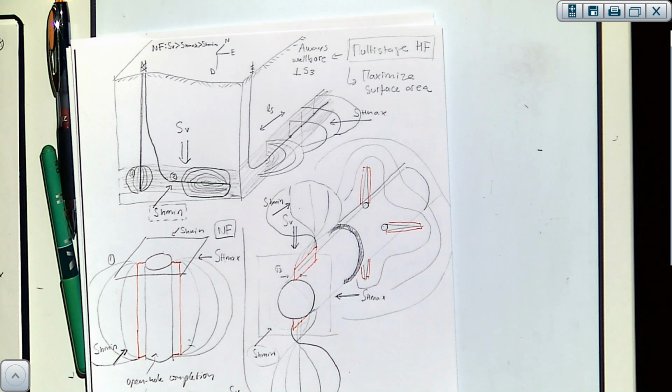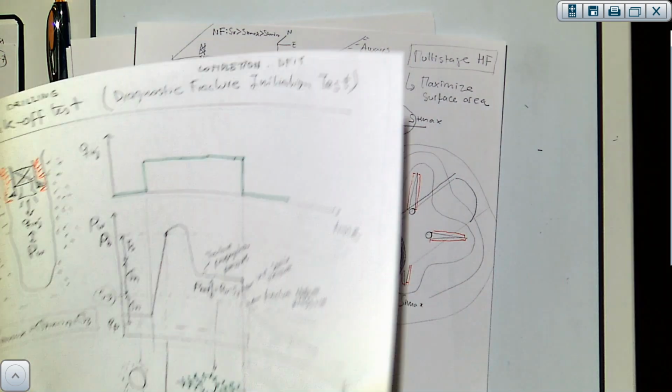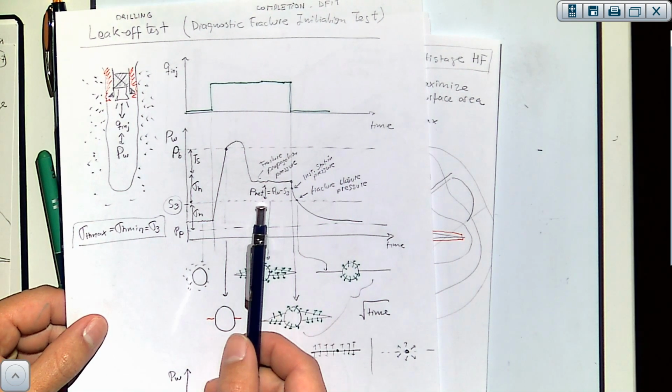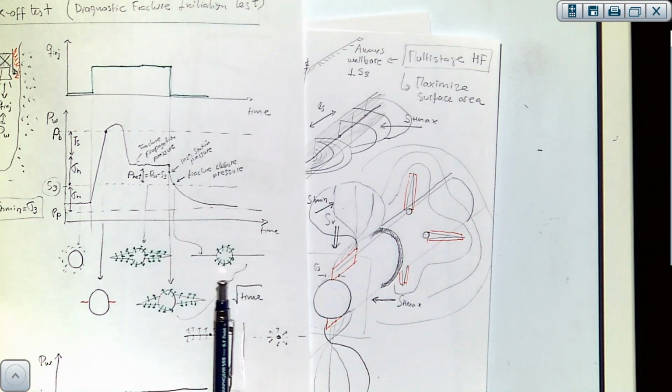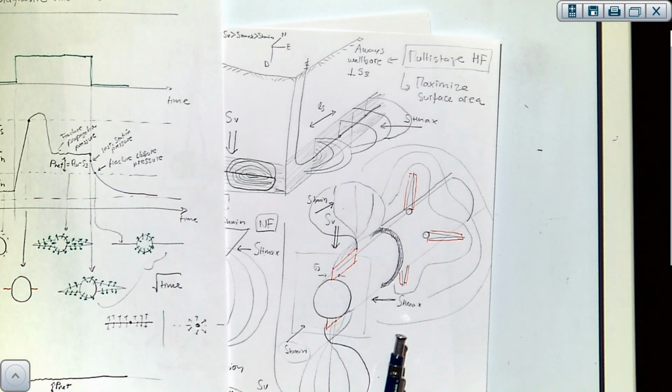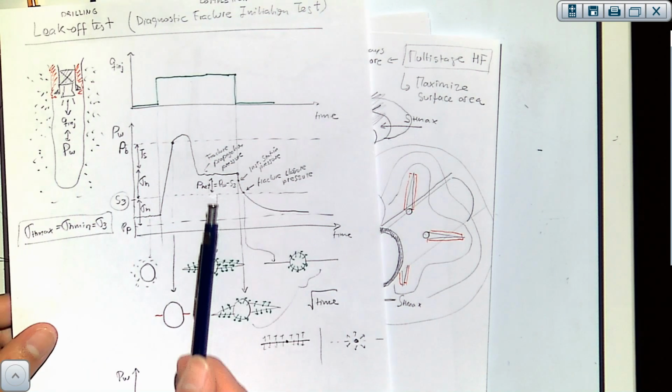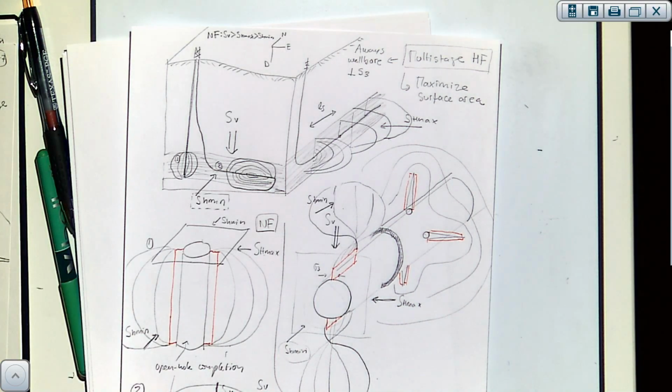But for now, there is one more thing that we need to address before we go into that direction, and it is to answer what I was telling you before. What is the net pressure? So we know now where the fractures will go, how they will grow out of the wellbore. Let's see what this net pressure is going to be. And we'll talk also later about fracture height.